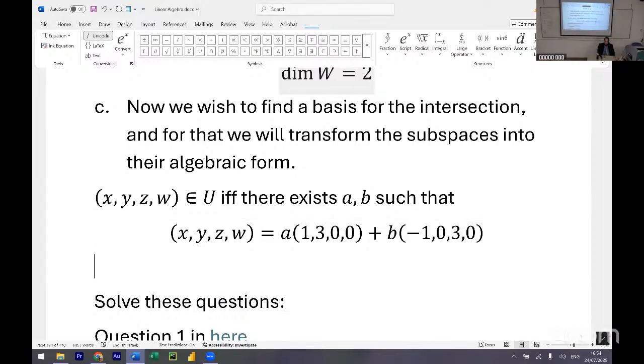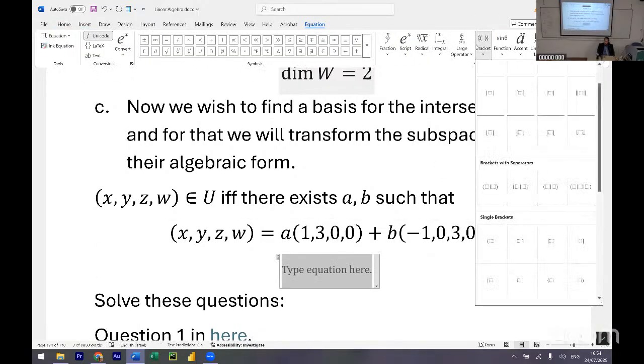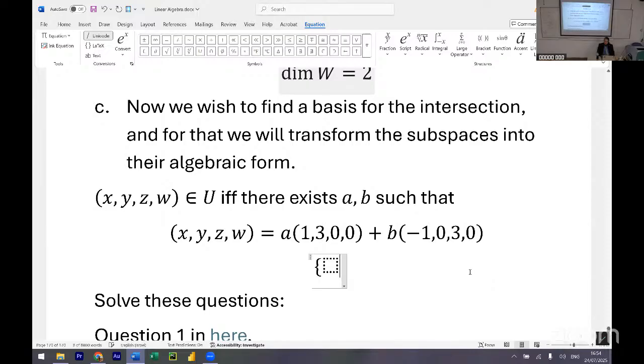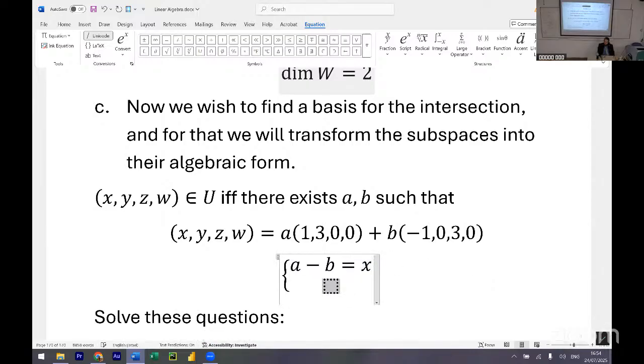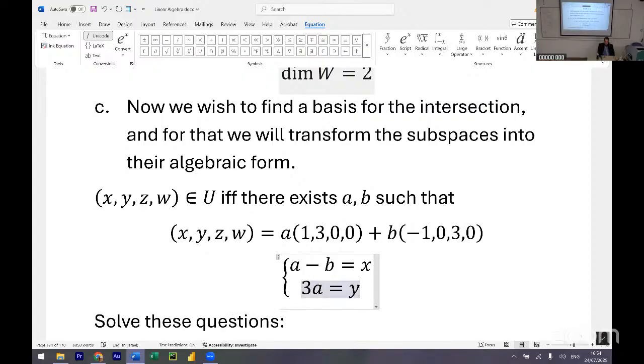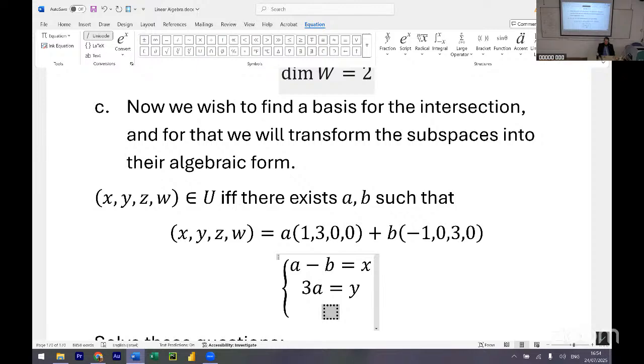And therefore we get the linear system of equations: A minus B is x, 3A equals y, 3B equals z, and w equals 0.